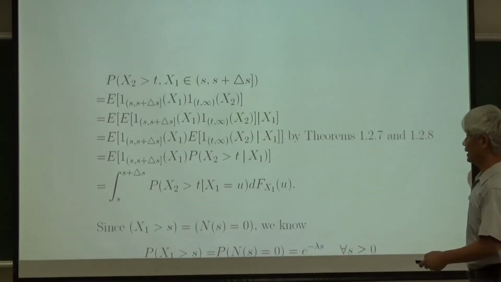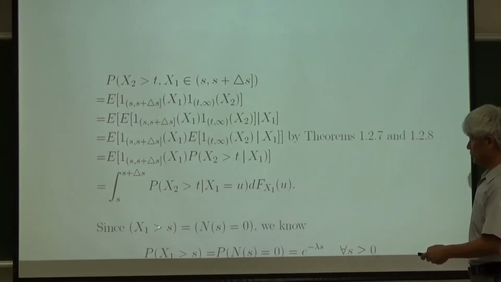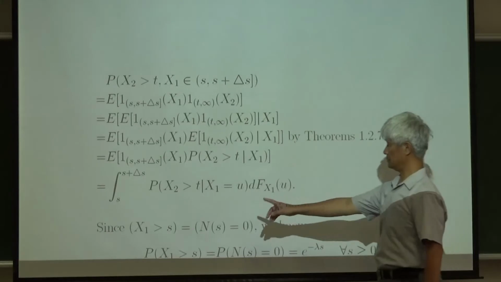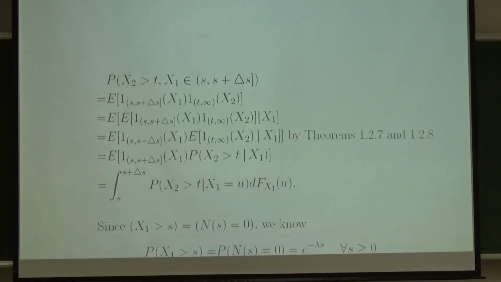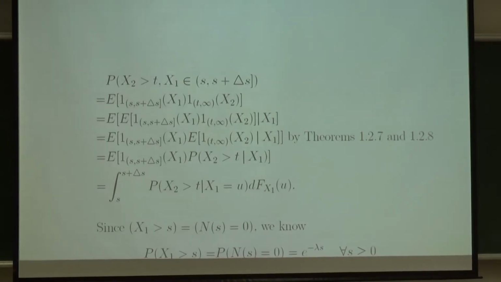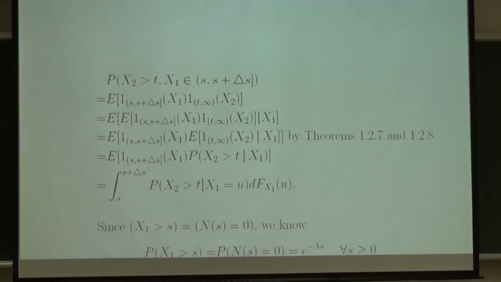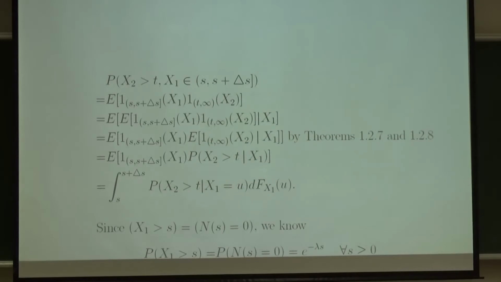Now, x1 greater than s: when we say x1 is greater than s, that means that s is here, so from 0 to s there is no arrival. So this event is equivalent to N of s equal to 0.